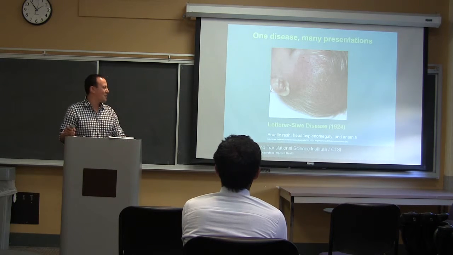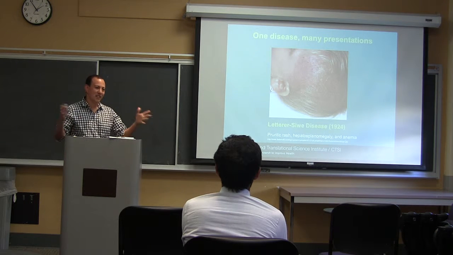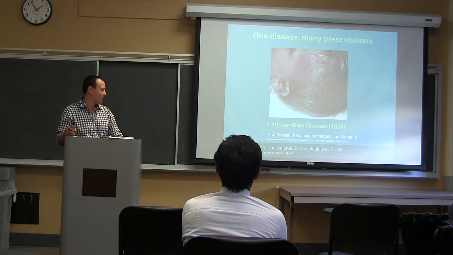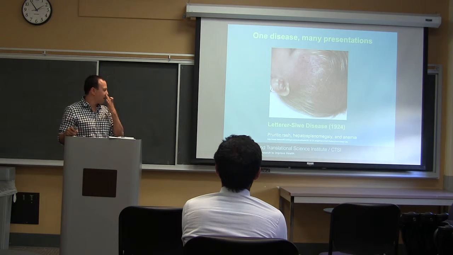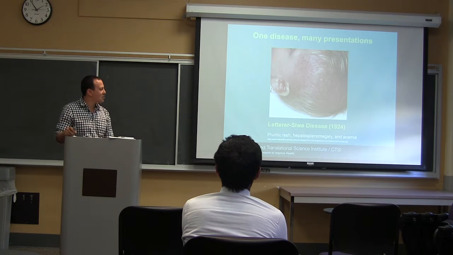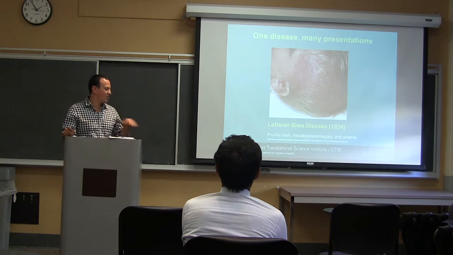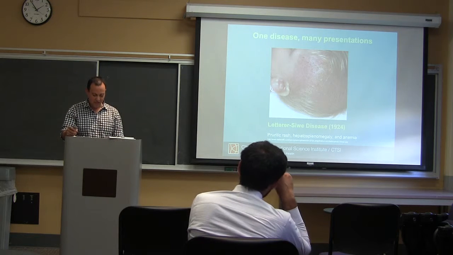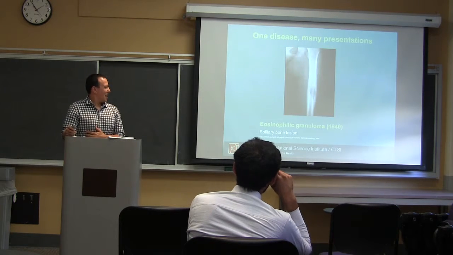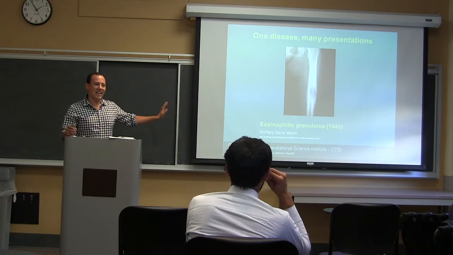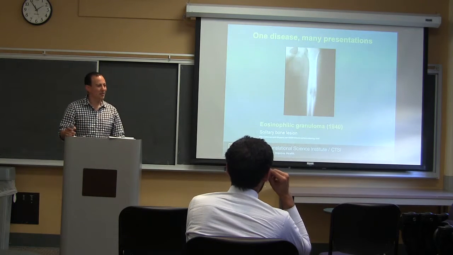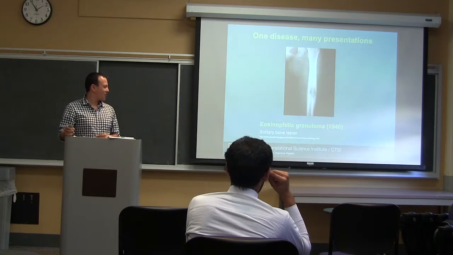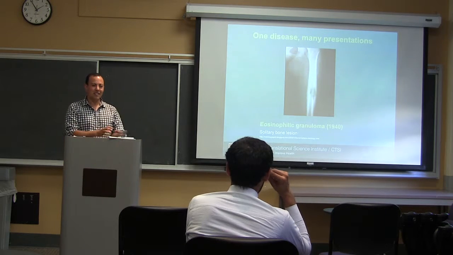Elsewhere, different doctors were describing another disease, other clinical pictures that they were just grouping together for lack of a better place to put them. This Letterer-Siwe disease, I don't even know if that's how you pronounce it, is pruritic rash, hepatosplenomegaly, and anemia, the clinical picture that they recognized. Finally, we enter the age of radiology, and people started noticing these rather strange bone lesions, usually solitary.